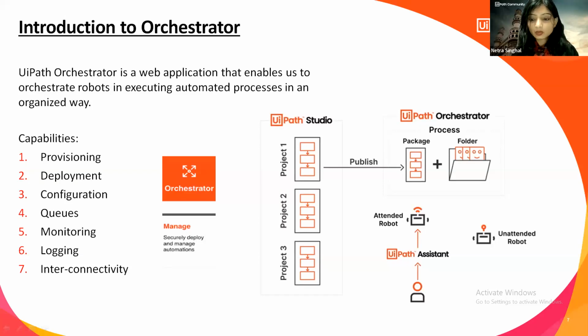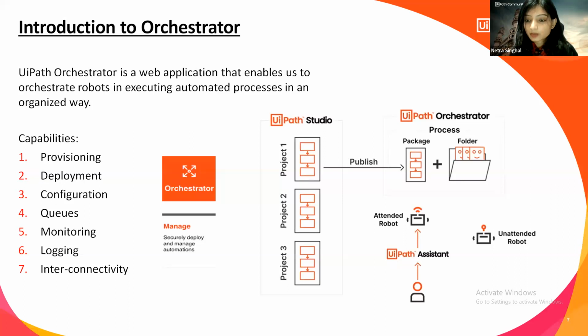Now I'll explain. As you can see in the diagram, we have UiPath Studio and there are a few projects added. Once you publish these projects, they will go to UiPath Orchestrator directly and will be added in some folder that you create. Package combined with folder: the package will come with some versions, and combined with a folder it becomes a process.